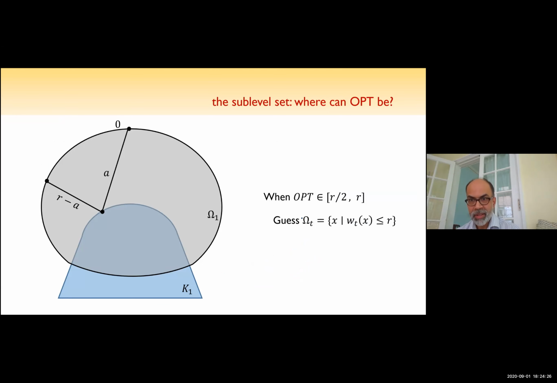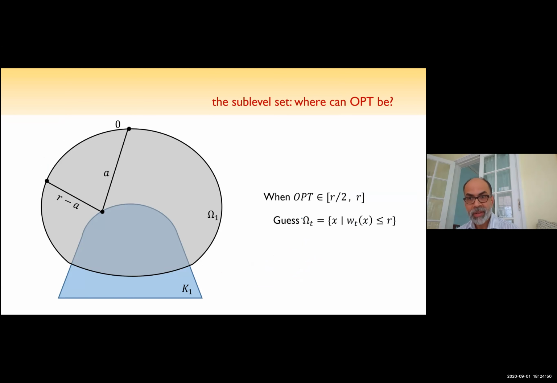So where can opt be? opt can be at all the places where the work function is at most r. These are all the points you can reach by paying at most r and handling all the requests, of course. So opt is sitting somewhere inside this egg out here.